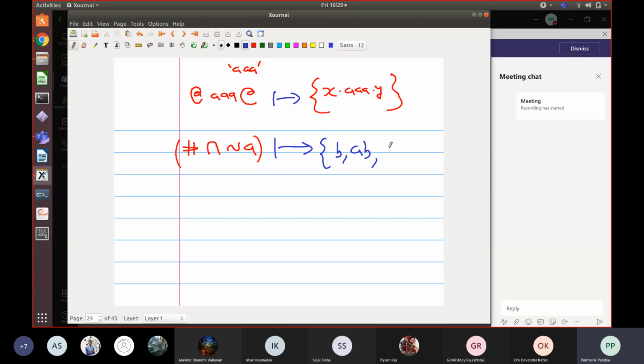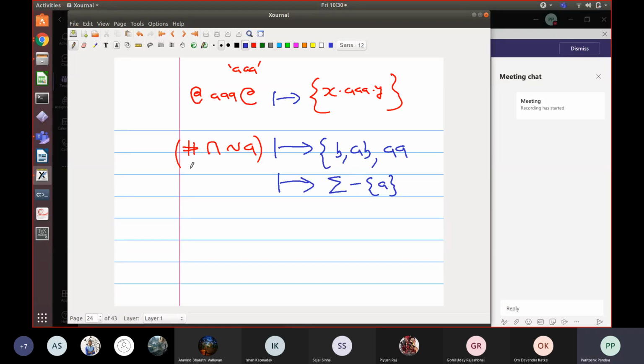It will also include AA, but it will not include the single letter A. Everything other than single letter A will be there, right? When we take its intersection with hash, what do we get? The meaning of hash is sigma. Sigma intersection anything other than letter A will give us sigma minus letter A. That is all single letters of the alphabet other than A, right? This is what I will get.